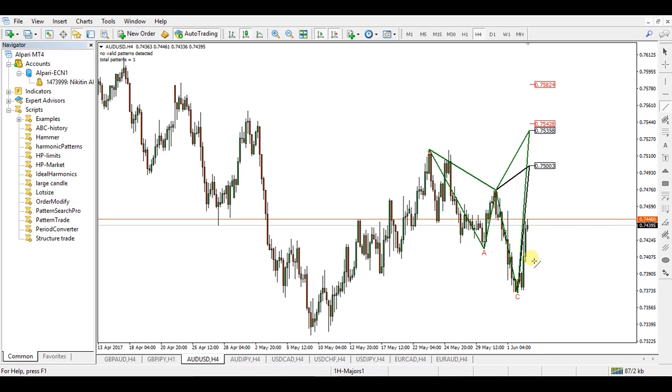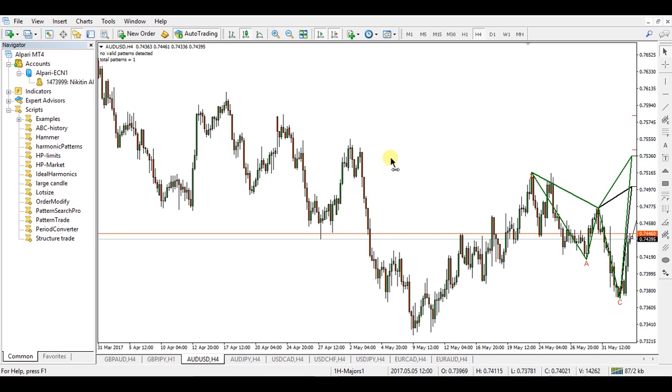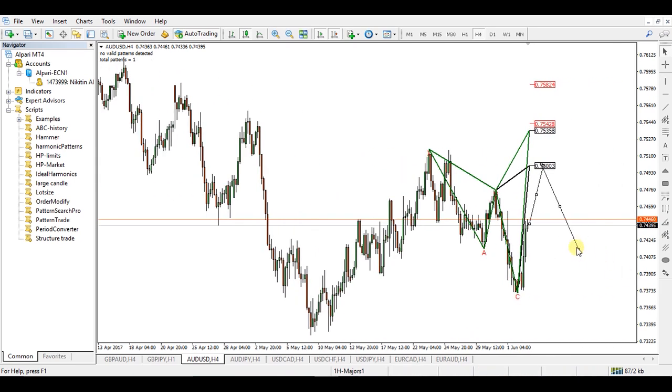So if price goes higher and triggers that shark, we can easily sell it here. A shark pattern that reverses this smaller uptrend, and you see that the movement coincides with that bigger downtrend, so it can go extended.